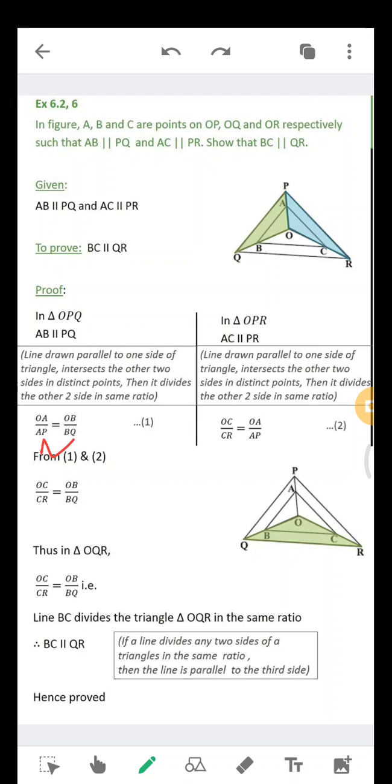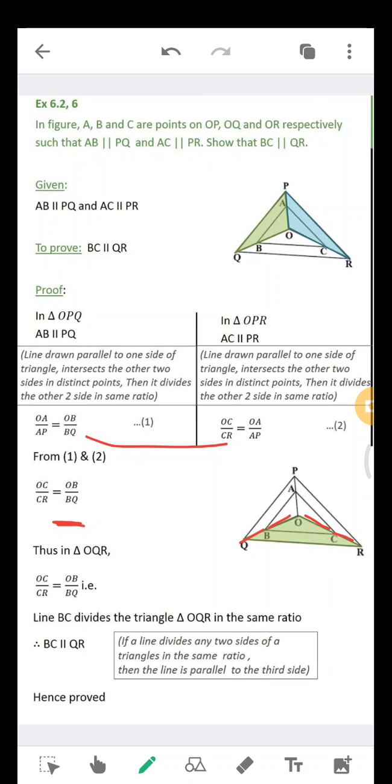This is equal to OA by AP and this is also equal to OA by AP. So from equation 1 and 2, what do I get here? I get OC by CR is equal to OB by BQ. This is the result of equation 1 and 2. So we have got OC by CR is equal to OB by BQ.